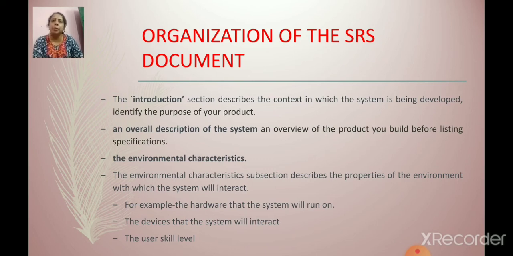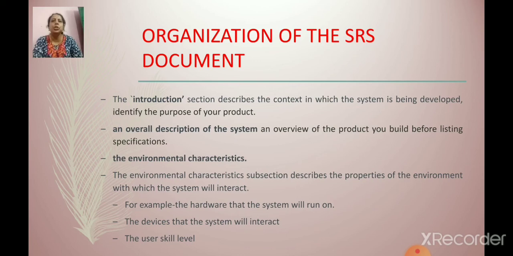Then environmental characteristic. The environmental characteristic section describes the properties of the environment with which the system will interact. For example, the hardware that the system will run on, what the hardware requirements are, and the different peripheral devices the system will interact with.